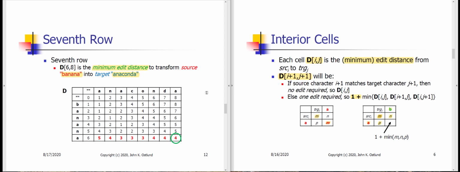Now, I did a little bit of hand-wavy backtracking for a couple of examples, but let's convert our backtracking algorithm to make it a little more systematic so that we can just read out now from this array D what edits we have to do in order to convert banana to anaconda with the minimum number of edits.